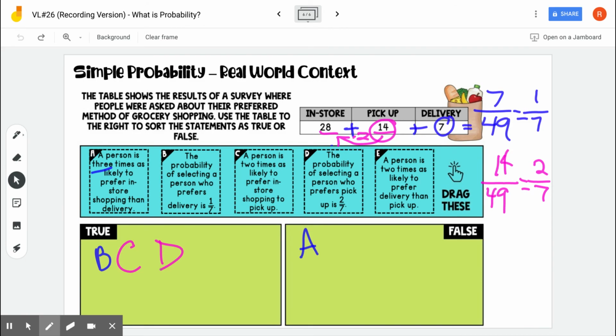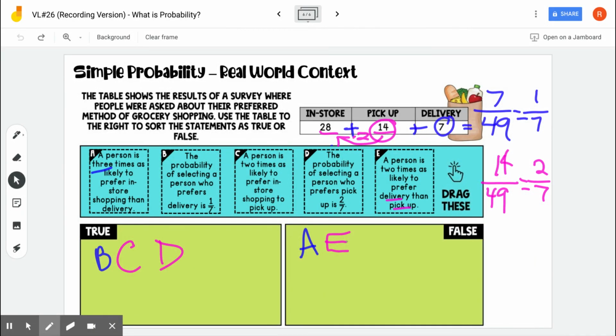It's claiming more people prefer delivery than pickup, not the other way around. So they're saying delivery is 2 times more than pickup. But we know that pickup is 2 times more than delivery. So based off of that very slight difference you might not have seen at first, E is false.